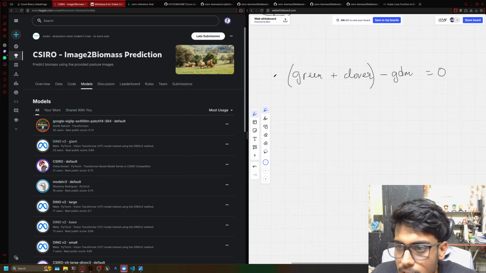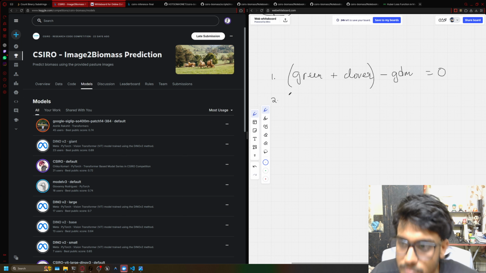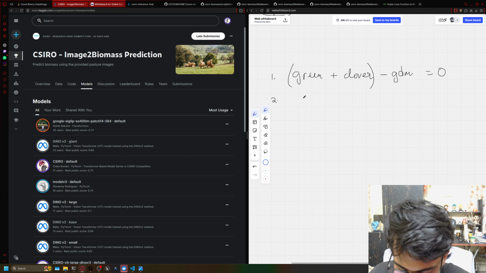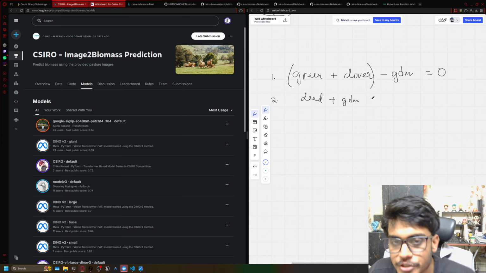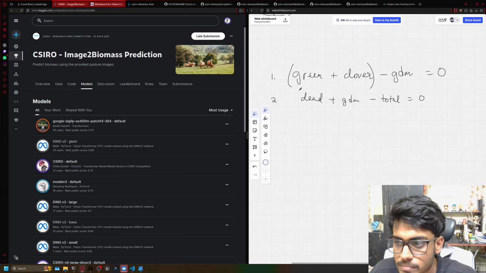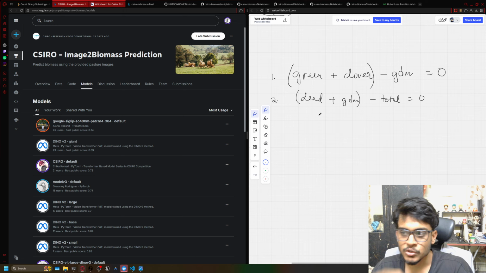So this is constraint 1. Then the second constraint is that dead plus GDM should be equal to the total biomass present. So I can subtract the total, and this should be 0. So these are the constraints.